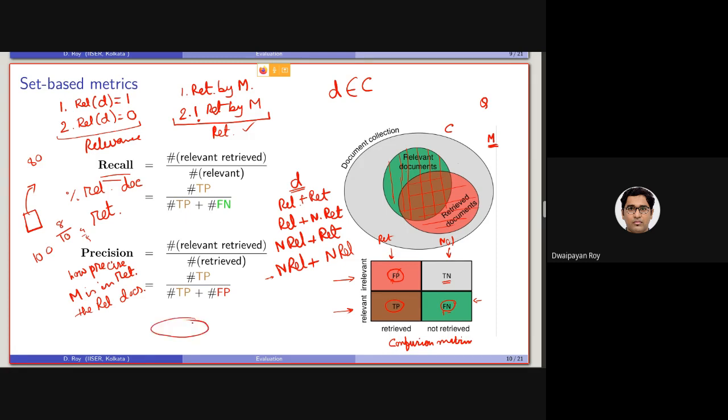How many of them are actually relevant? That is, how precise are they? How precise is the performance of the retrieval model, such that it is retrieving only the relevant documents?